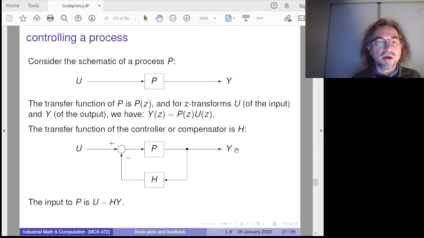That's also what we are looking at now. It could be that the original process is unstable, but with the controller on there, the process itself becomes stable. The most original examples of the controller were the outlets from steam engines.